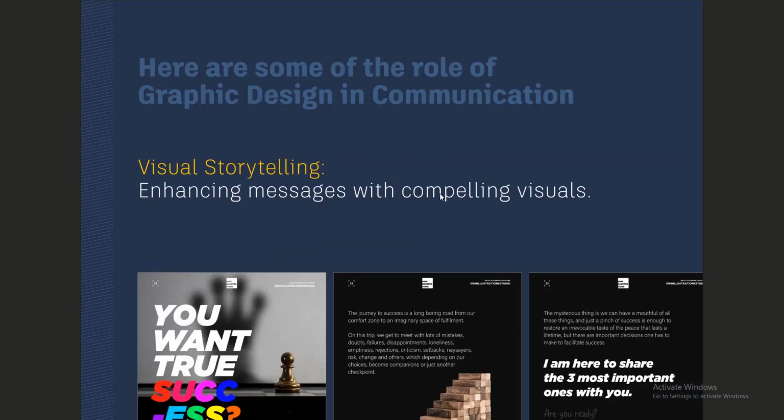And here are some of the roles of graphics design in communication. Graphics design plays a lot of roles, but I've distilled that information down into big pieces. One of them is visual storytelling. Visual storytelling is basically enhancing the message. When you have an idea in your head, you can communicate that idea using graphics design to visually tell your own story.